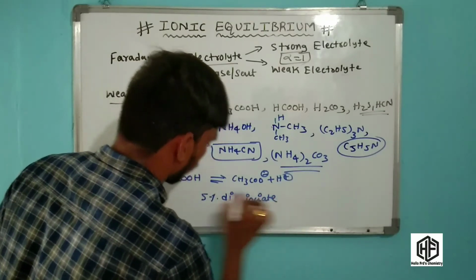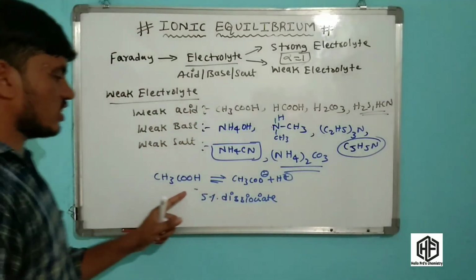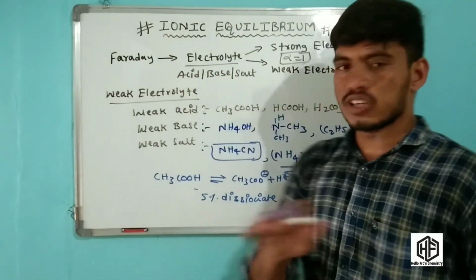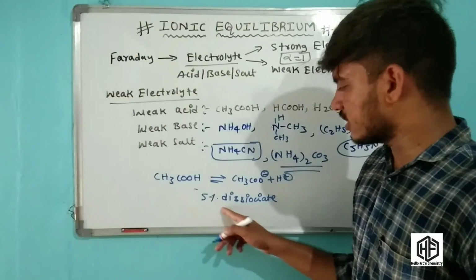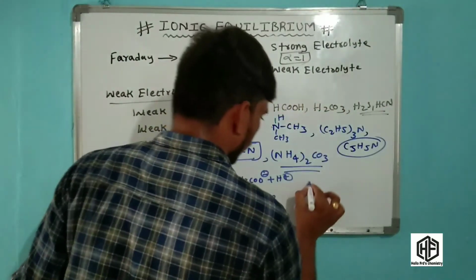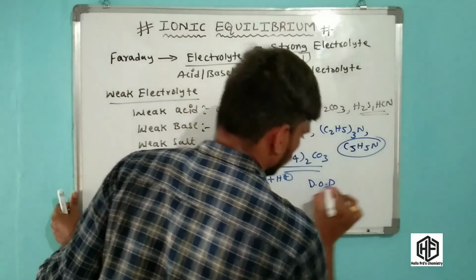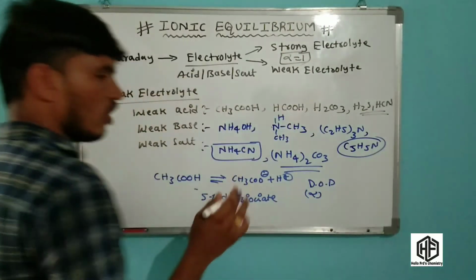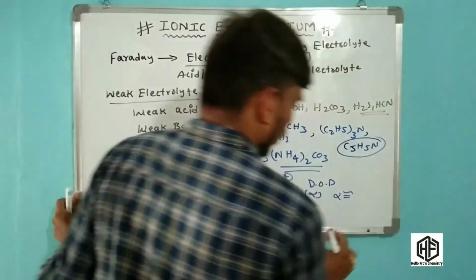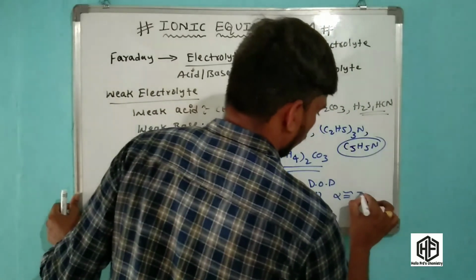This is very important, friends. CH3COOH is dissociated in aqueous solution, but it is not 100% dissociated. It means it is only about 5% dissociated, so the degree of dissociation alpha is nearly equal to 5%.